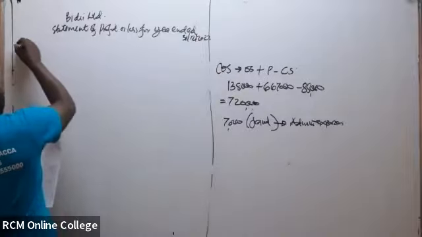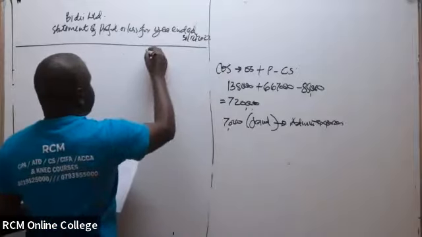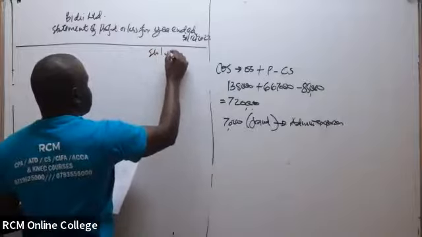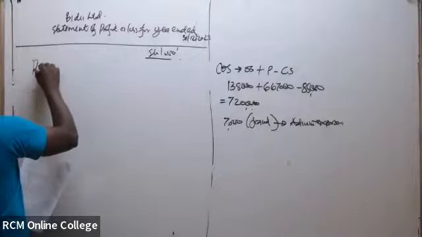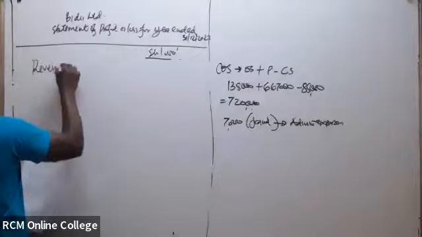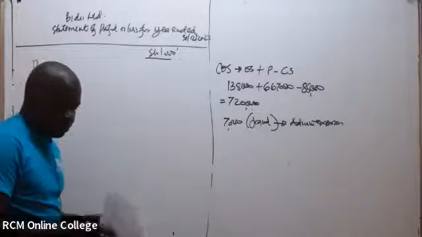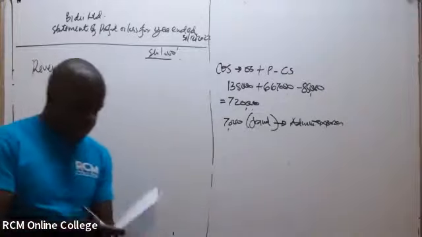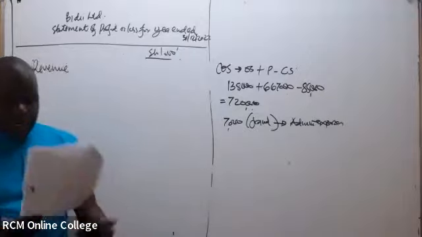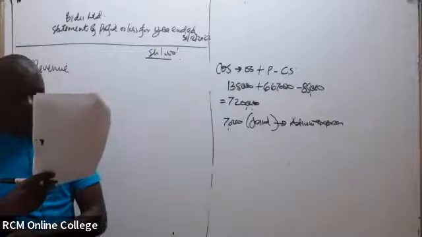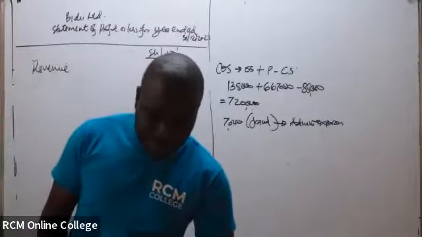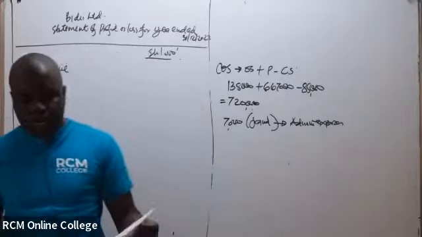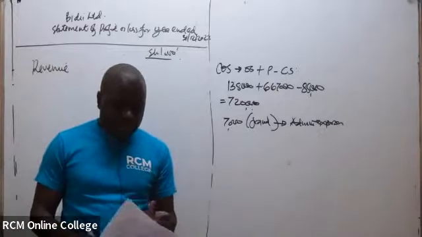You can present in shillings of thousands. And of course, automatically we'll start with the revenue. What was received as revenue? Revenue, you've been given 1,123,500.